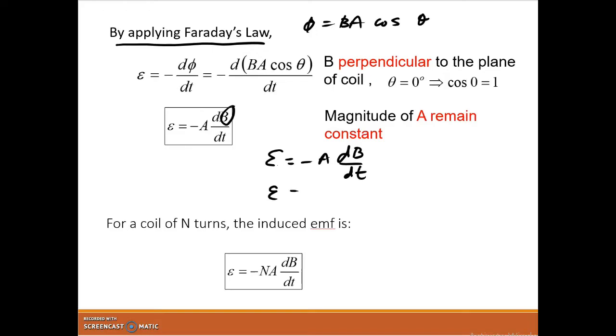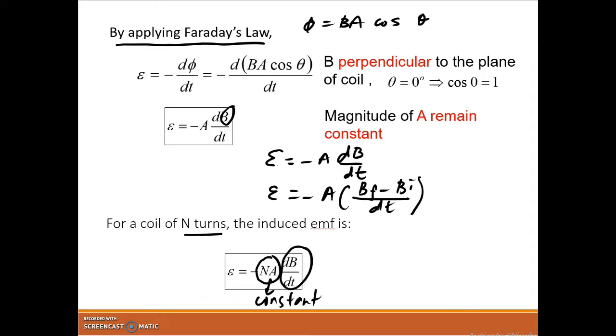So EMF equals negative A, where A is for area, times B final minus B initial over time. Okay, so this is the calculation. For N turns, the induced EMF will be EMF equal to negative NA dB over dt, where N and A are constant.